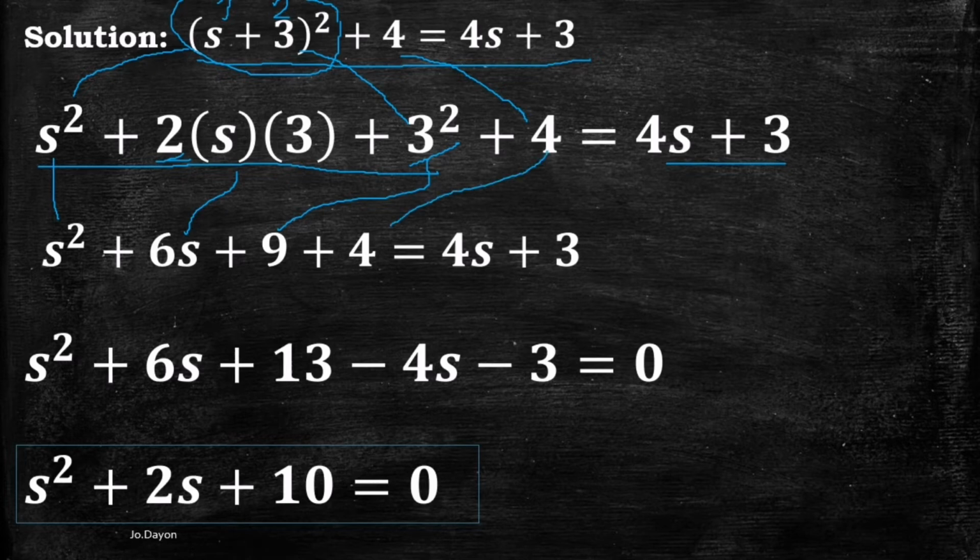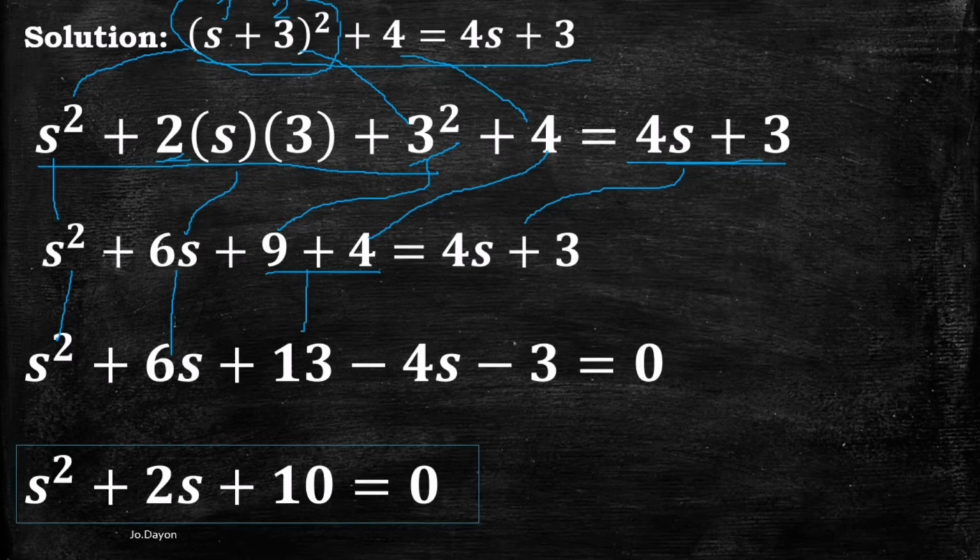Then we copy 4, and we copy the remaining terms on the right side of the equation, 4s plus 3. Then we are going to combine like terms, so we can combine 9 and 4. So you copy s squared plus 6s, and then 9 plus 4 is 13.